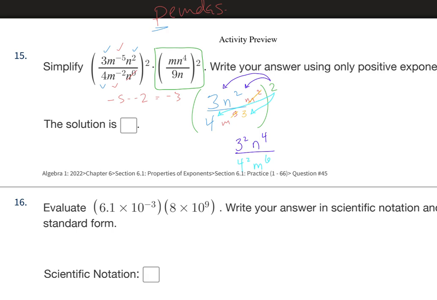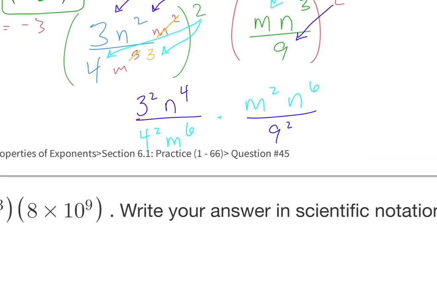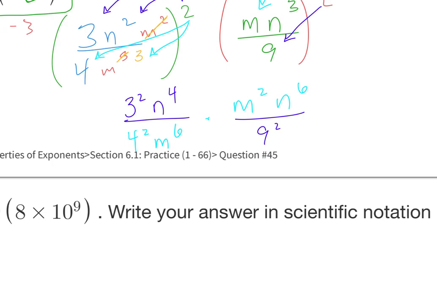M is not going to change, but these n's can simplify a little bit. We'll get n to the 3rd over 9, and this whole thing is being squared. So just like the other one, that's going to be m squared n to the 6th and 9 squared.